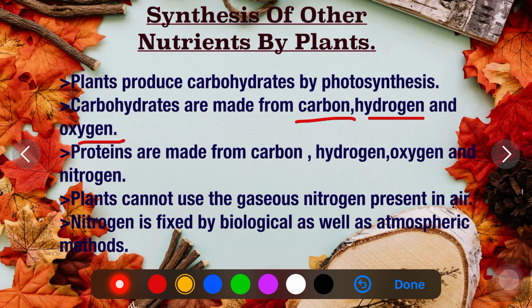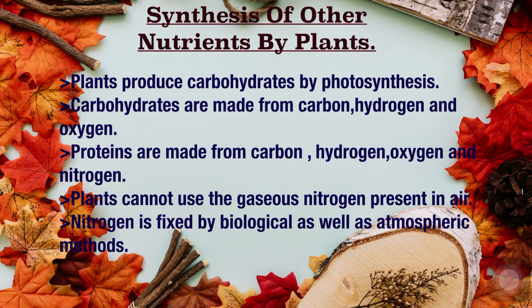Proteins are made from carbon, hydrogen, oxygen and nitrogen. Air contains gaseous nitrogen. However, plants cannot utilize gaseous nitrogen. It needs to be fixed, that is, converted into compounds. Fixation of nitrogen occurs by biological and atmospheric methods.